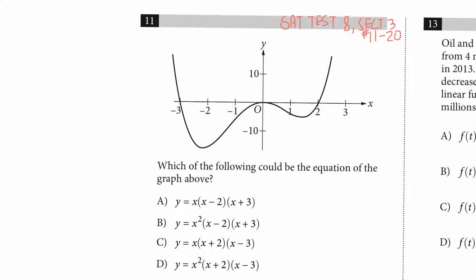So in this video we have number 11, and instead of asking you to graph the equation, they give you the graph and they ask for the equation that pertains to this graph. If we look at the graph, we notice that on both ends it's going up to positive infinity. So this is like a parabola open up.